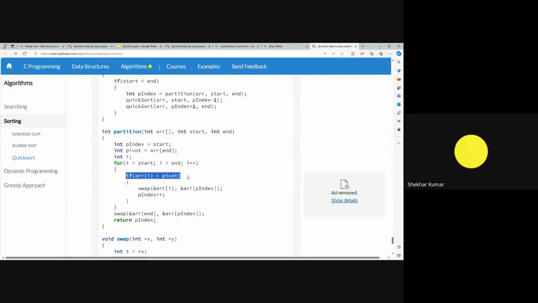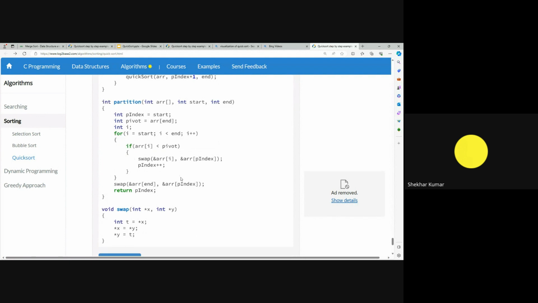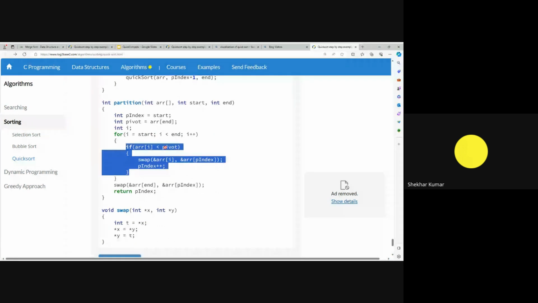After comparing, I will find out the exact position of the pivot value after swapping that value with the adjacent value. After this comparison, I have found the actual place, or actual index, of the pivot value.